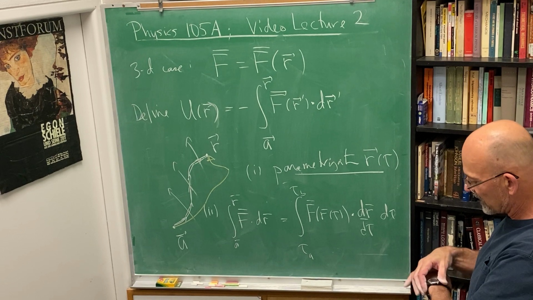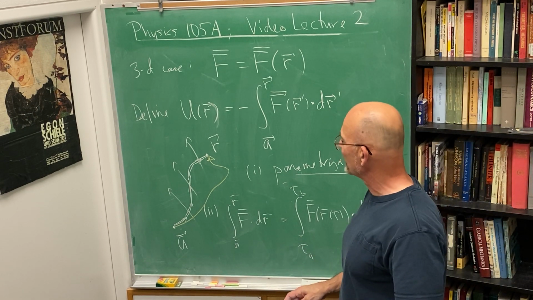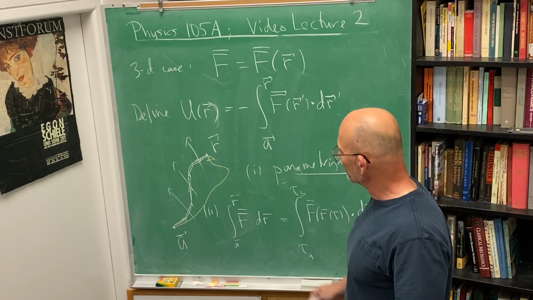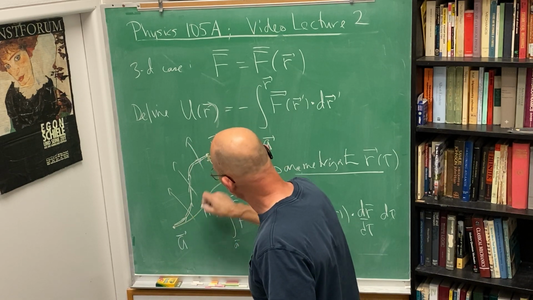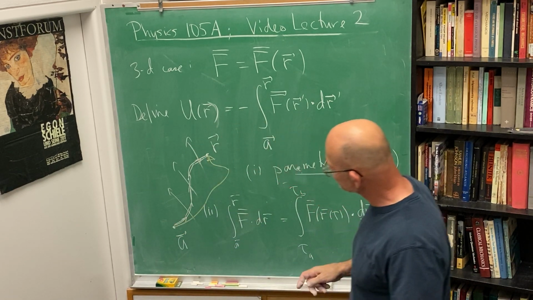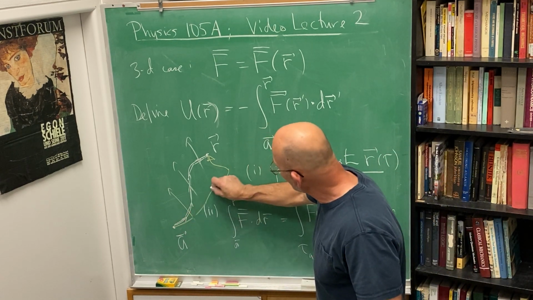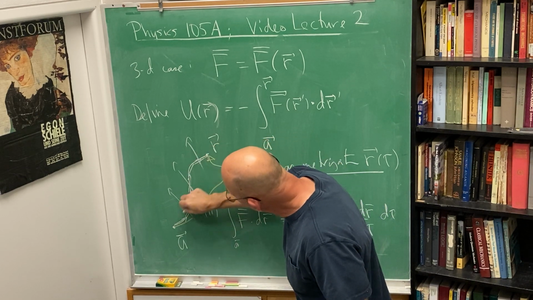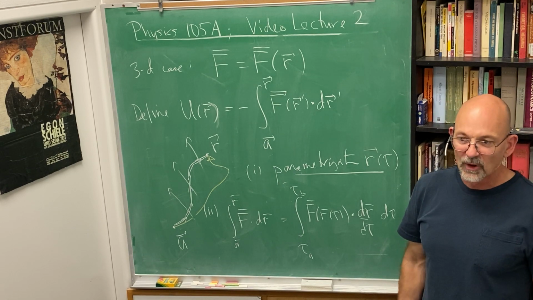The proofs you had in your math class or earlier physics class would be that if these are the same two values from A to R, then if I go by way of the yellow path and reverse the direction on the white one, it should add up to 0.